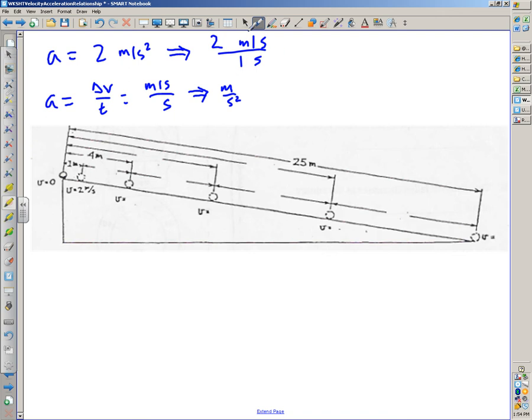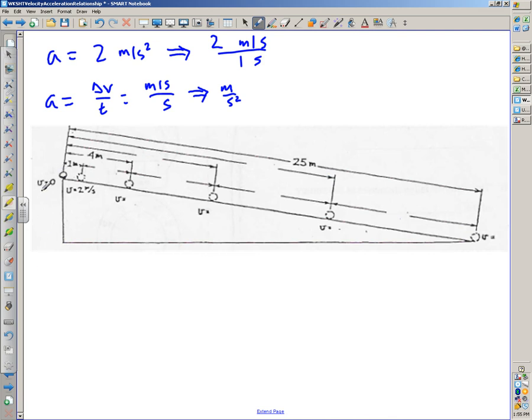How much is the velocity going to change? It's going to change by 2 for every 1 second that goes by. Meaning, if we take a look at this ramp, each of these pictures represents 1 second worth of time.